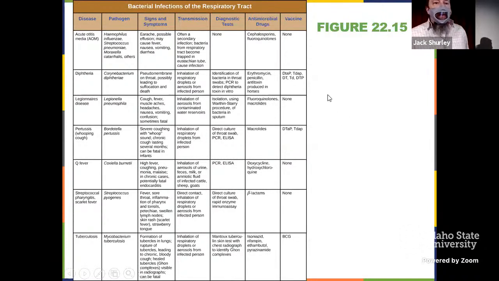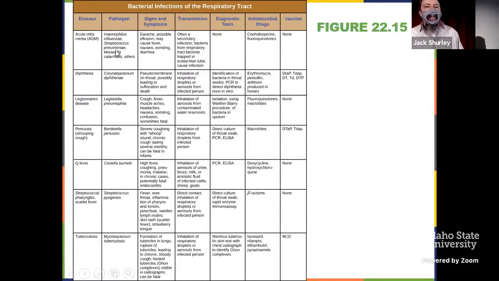Okay, so we will see this table and then we will stop. We're right at about quitting time. So there are a handful of bacteria, a couple of these not seen in the images that we've gone through yet. So otitis media, acute otitis media, the inner ear infection, right?